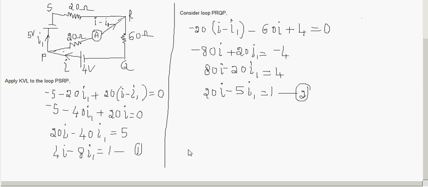Now by considering 1 and 2, solve for I and I1, because we need to find out what is I minus I1.